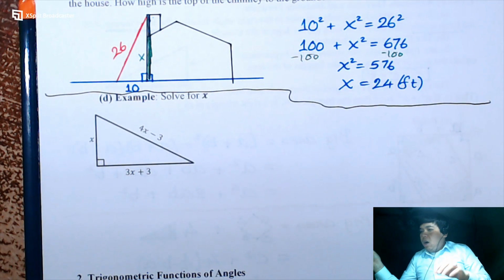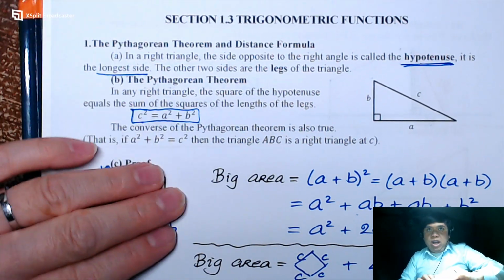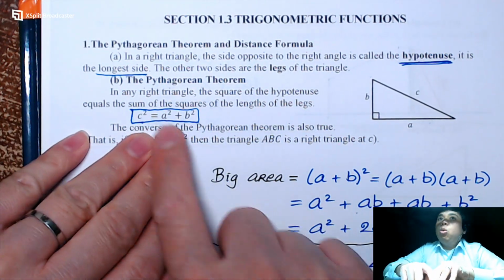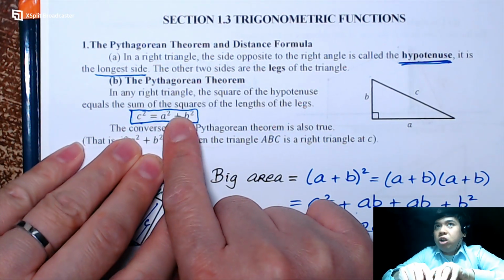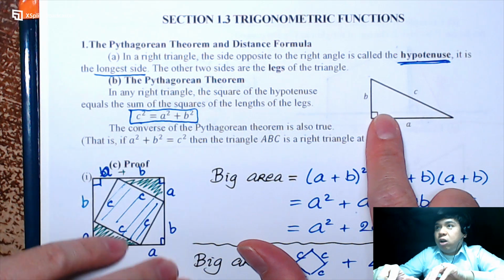Now I forgot to mention one thing. For the Pythagorean theorem, the converse is also true. If we have a right triangle, we have this equation. If we have that equation, then it has to be a right triangle.